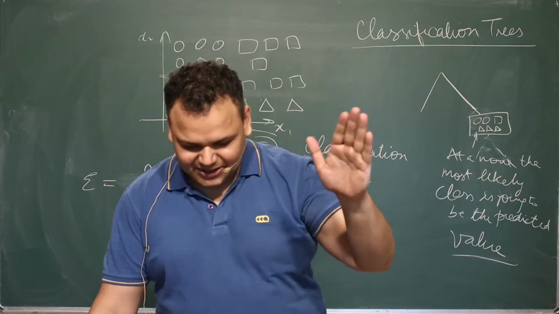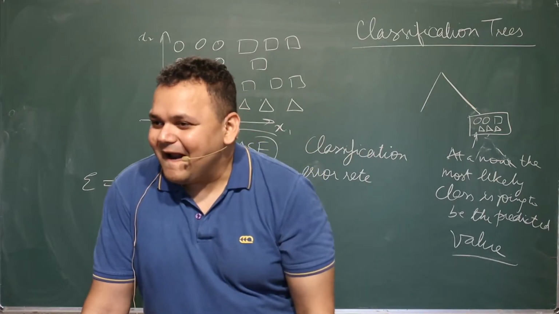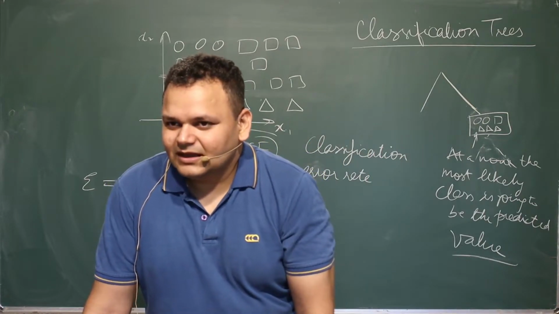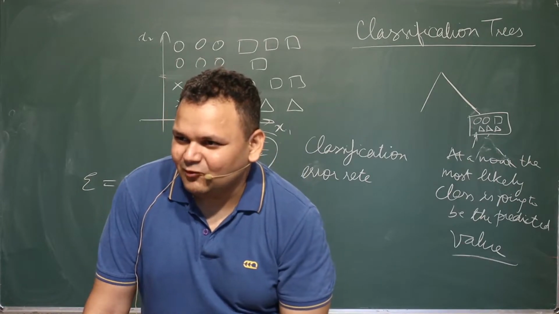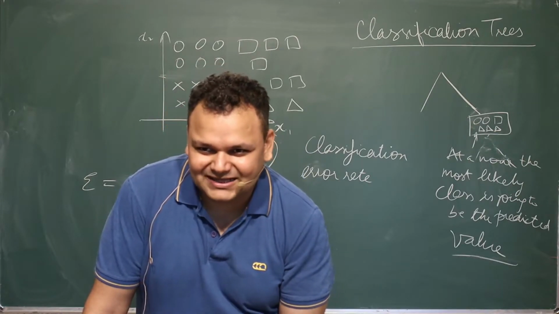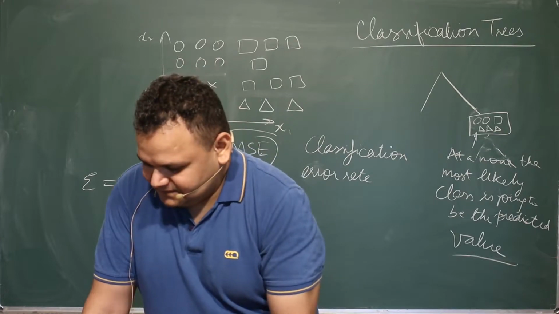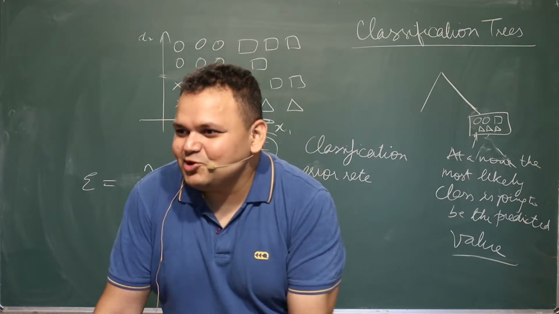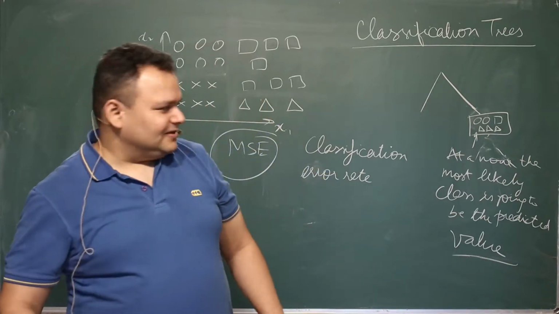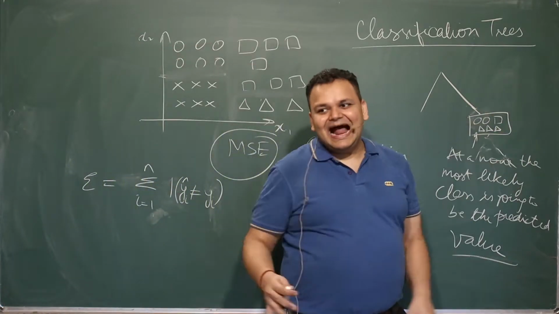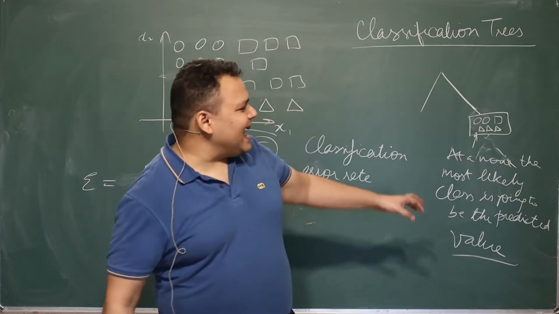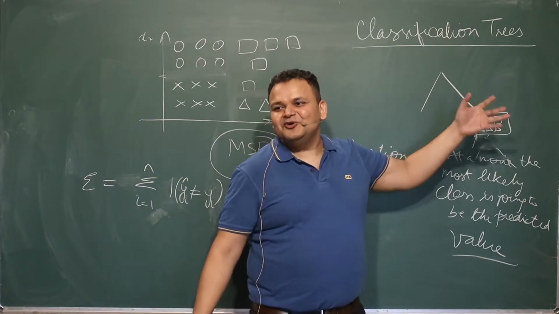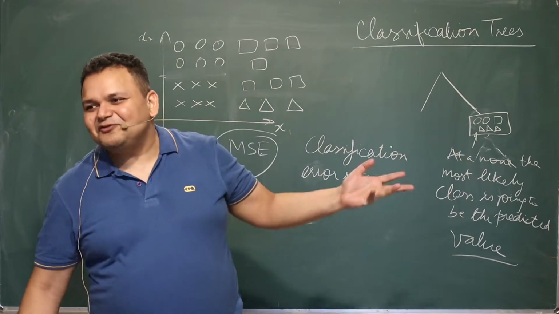What else does it do? What happens to variance and bias? Variance will be very high. Yeah, variance will be very high. So you are overfitting your data. So you are right that in an ideal case we should have very few errors.